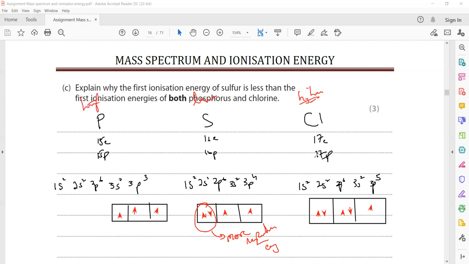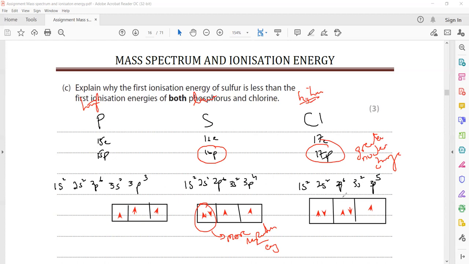But still, compared to sulfur, chlorine has the higher ionization energy. So what is the reason? Basically, sulfur has 16 protons, but chlorine has 17 protons. So it will have a greater nuclear charge. That's why it will have a greater attraction toward the nucleus. So it will be difficult to remove an electron from chlorine even though there are two pairs.